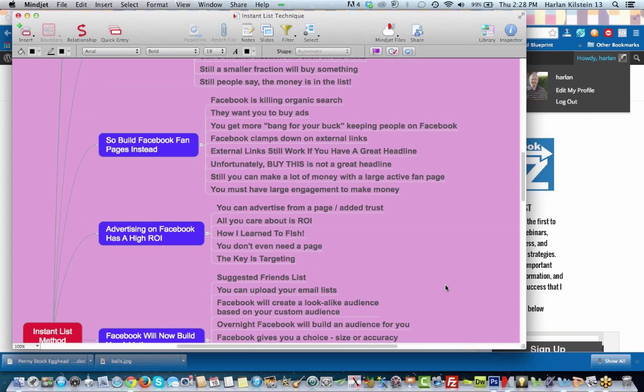So advertising or boosting a post, if it's done correctly from a page, will probably give you a really good ROI. Paid post engagement from a page that people know, like, and trust can give you an incredible boost.